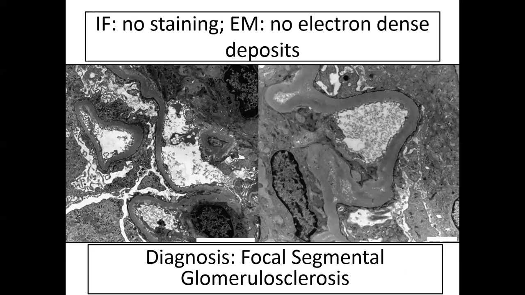I hate that. But what that means is if they know the patient's hypertensive and it has this, they control the hypertension. If they know the patient's obese and has this, they tell you to lose weight. So they hope to modify some of the environmental characteristics that are going to decrease the amount of stress your podocyte sees. But this is irreversible, so it might always have some degree of podocyte injury.